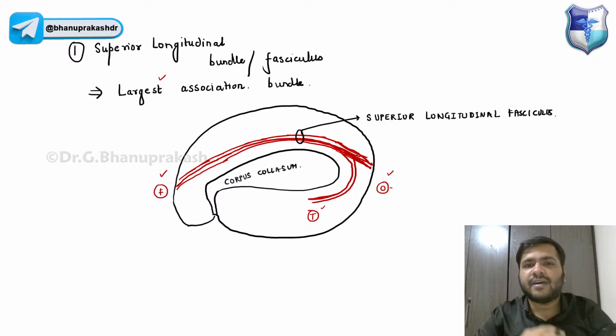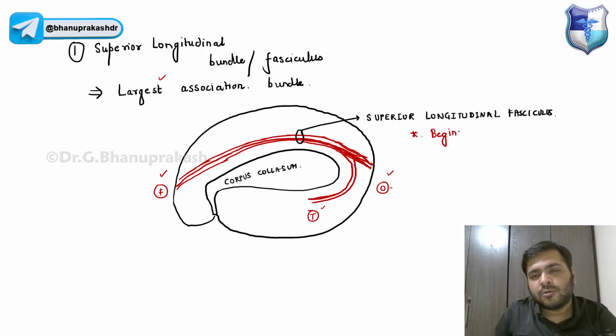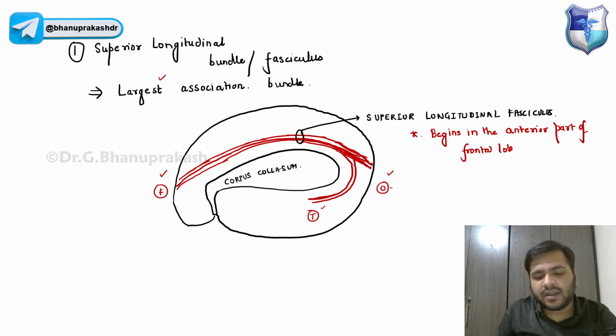Now remember guys, for this superior longitudinal fasciculus, there are 2-3 points that you can write here. Remember, it begins in the anterior part of the frontal lobe.